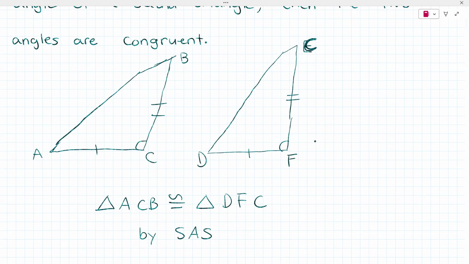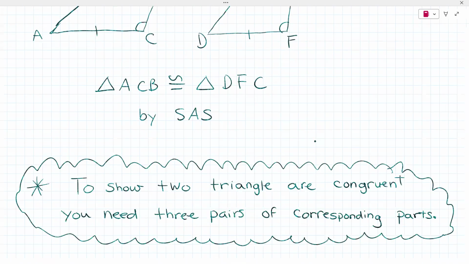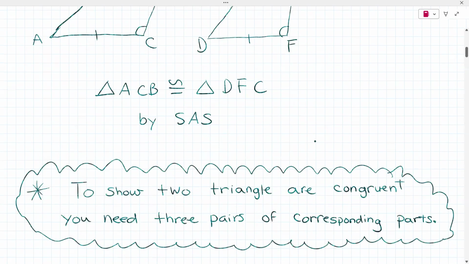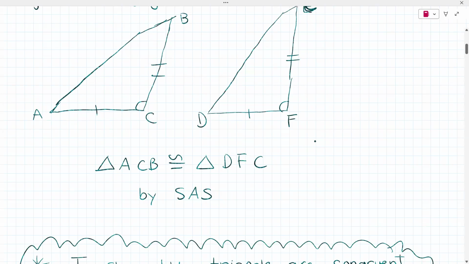So you have to have a side, and then the angle, and this is also very important: the angle has to be between the two sides. If the angle is not between the two sides, then you can no longer use the SAS postulate. It has to be in that specific order.